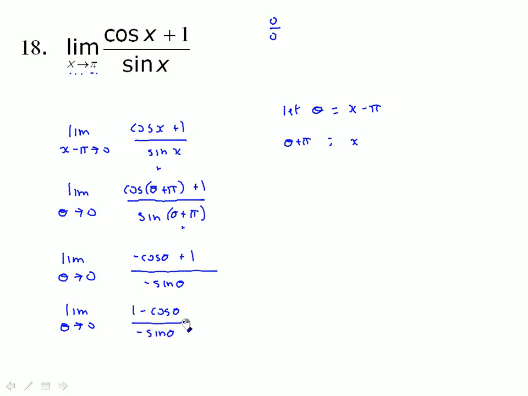And the reason that is helpful is because the setup now shows that we can take that 1 minus cos theta and break up the expression, and the negative sine theta down below. Now the negative sine theta, you can either keep the negative there, or you can bring it outside the entire limit, because that would work.